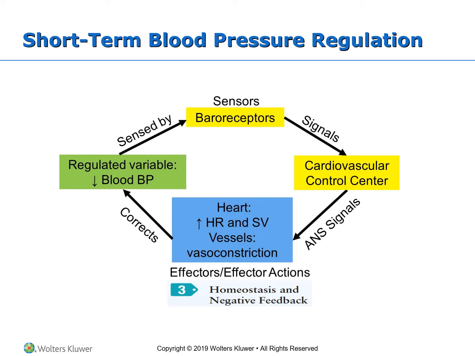The heart rate will mean the heart will start beating faster, and the stroke volume is the force that the heart will push the blood outside, in addition to the fact that will vasoconstrict, will decrease the diameter of the blood vessels. As a result of those changes, the blood pressure will be stabilized. I'm not saying will be increased, will become stable, because right here it's low, and all those mechanisms are trying to stabilize to normal values and not to just increase or decrease.